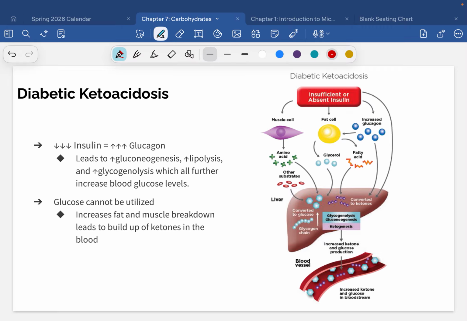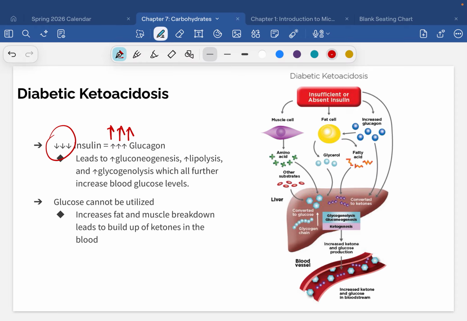So in a person with diabetes, they have a severe decrease, if not zero, insulin in their body. Because glucagon is their counteracting hormone, and remember that type 1 diabetes only destroys the beta cells. They're specific to the beta cells. That means that the body will continuously produce large amounts of glucagon because there's no insulin.